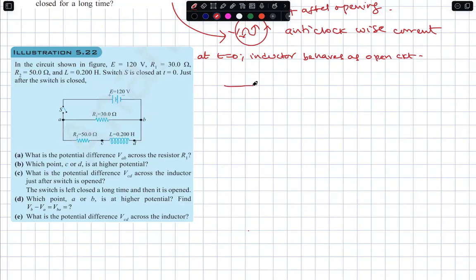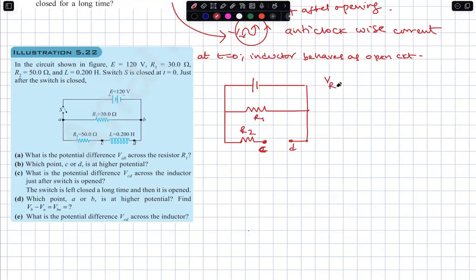Now, what is happening? I'll just explain. At that instant, no change in R1. This point behaves like an open circuit, C D, R2, and no current through this.